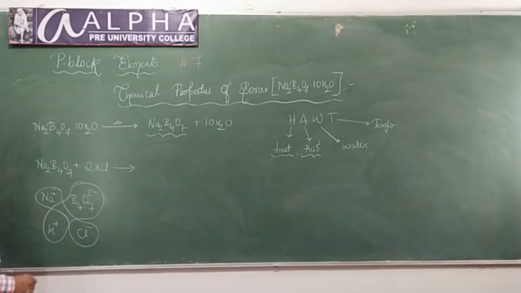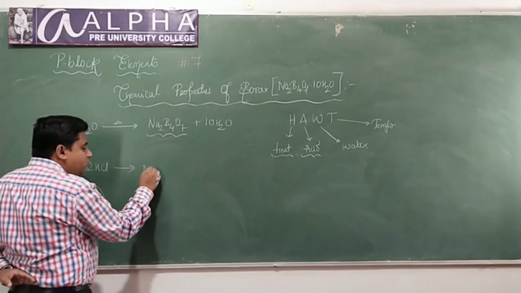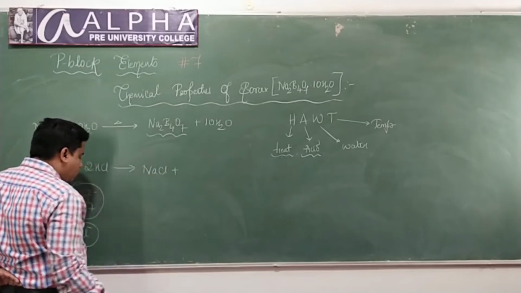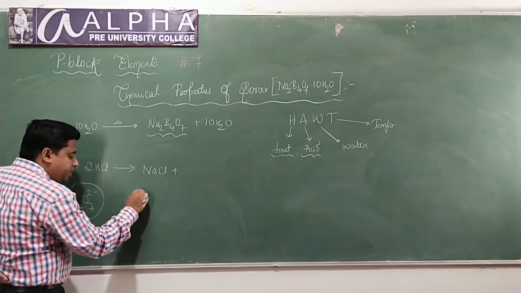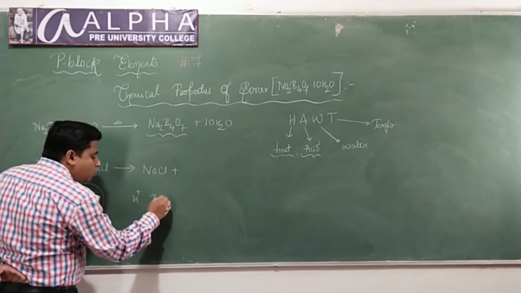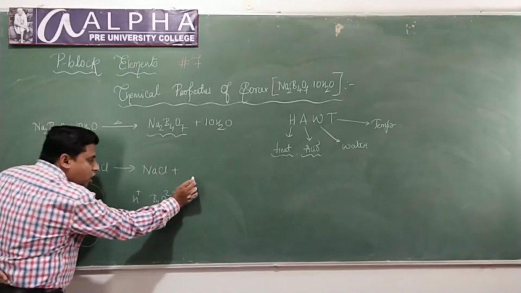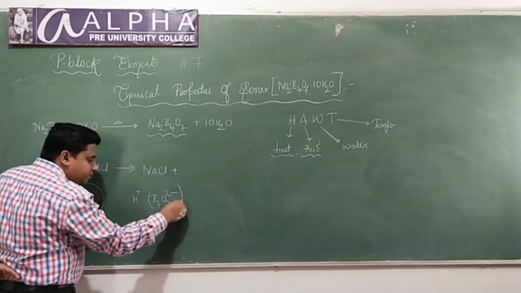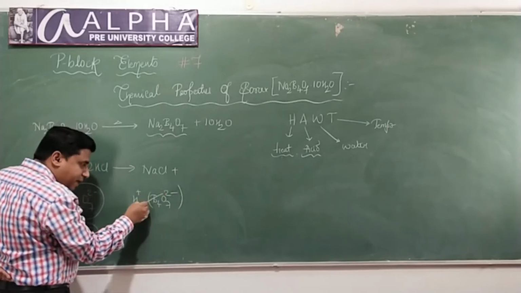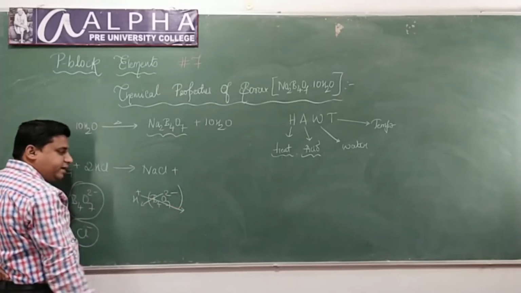Are you getting my point? Na plus Cl minus will give us NaCl. And then we have H plus and B4O7 2 minus. How do you write the product? Apply the crisscross method.